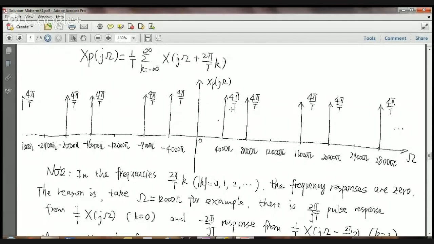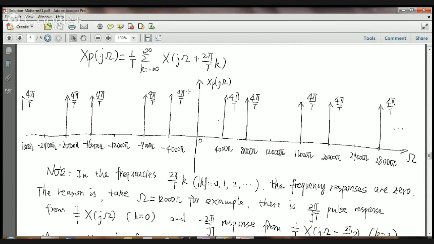When you write down the multiple copies, your sine gets canceled. The area of each impulse gets divided by T, and some of you get 4 pi by T, because if you were to do that expression, you will realize that you have overlapping of impulses.